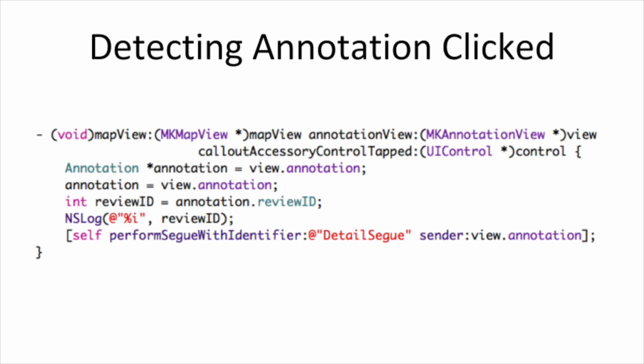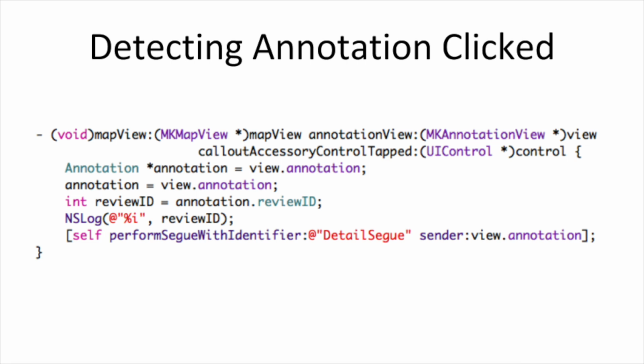Now, look at it. Because I've got a review ID, haven't I? Sort of an integer. I can say int reviewID equals annotation.reviewID because that was the property I created, the public property. So if I want the review ID, bang, I've got it. But to be fair, you're better off passing the whole of the annotation object into your next view, aren't you? Because then you can unpack at your leisure, can't you? Take whatever data you want out of that.